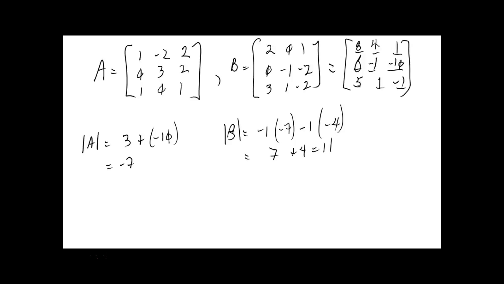I don't see anything that's really a nice multiple of anything else. We could do our expansion. That's not going to be too bad. We could do one row reduction and see what we can do with that.